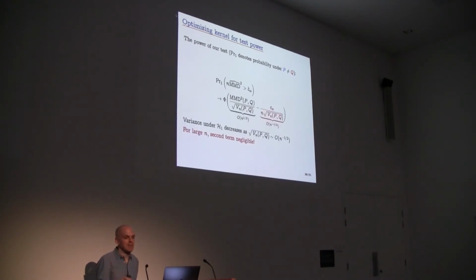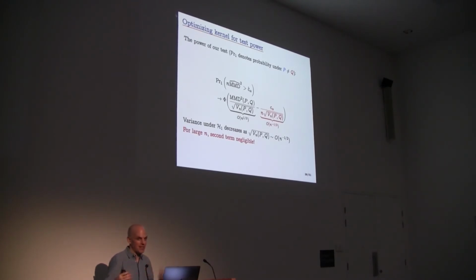So a nice thing happens here, which is that we know that the variance drops as 1 on n. As we see more samples, we're more and more confident. So this quantity here drops as 1 on root n, and this quantity here drops as root n. So when we're trying to maximize our power, we might be worried that the kernel has some obscure effect on the C alpha. And it does. The test threshold is a quantile of a distribution that depends on the kernel.